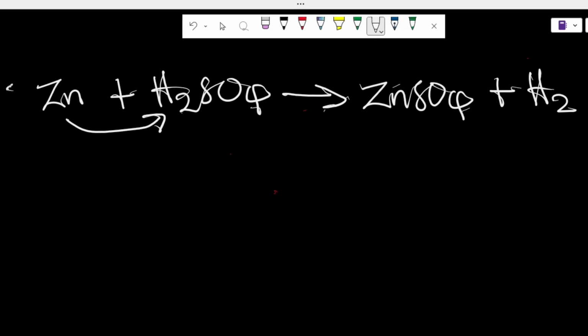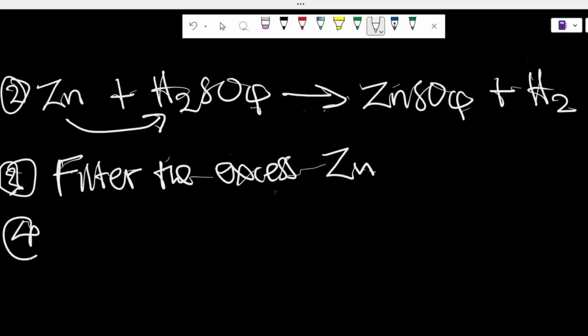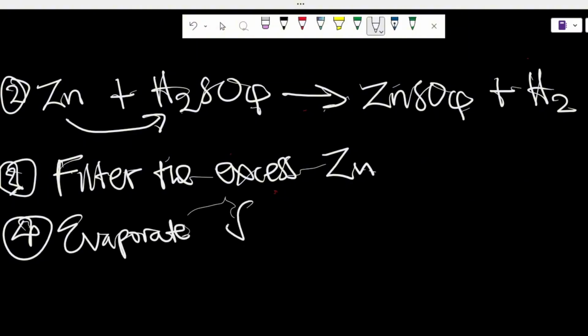So this will be the second step, and the third step is going to be to filter. Make sure you filter the excess zinc. This is to make sure that you remain with a clear solution. And after you've filtered like that, the next step is evaporate the filtrate that you have.